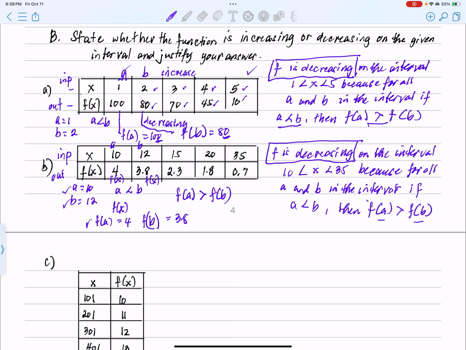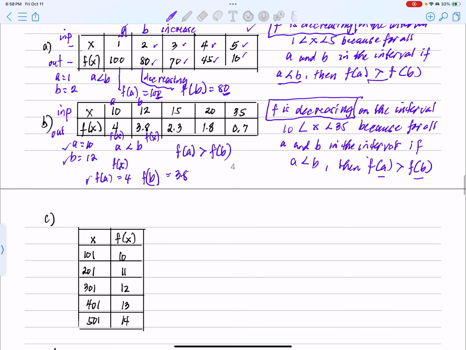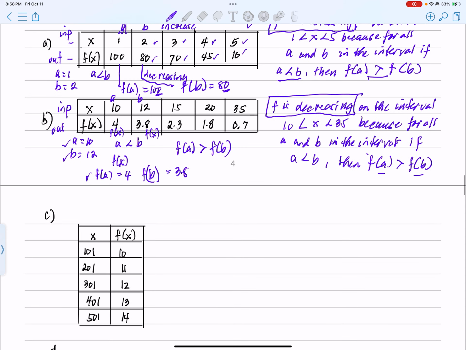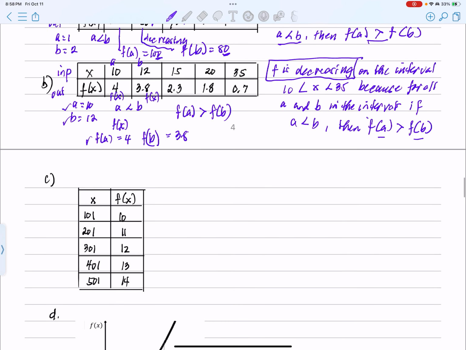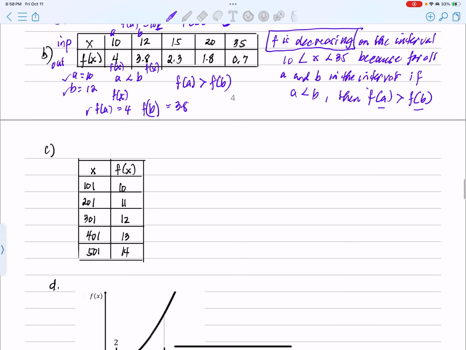So you might think, oh, when can I say it's increasing? Okay, that is your question. Let's look at the table C here. Okay. So if we look at the input value, input is x, all right?